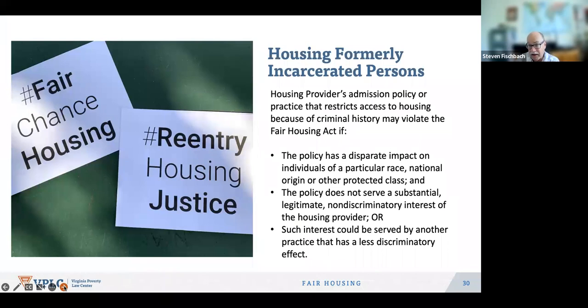They may violate the Fair Housing Act if the policy has a disparate impact on individuals because of a particular race, color, or other protected class, and the policy does not serve a substantial, legitimate, non-discriminatory interest of the housing provider, or such interest could be served by another practice that has a less discriminatory effect.